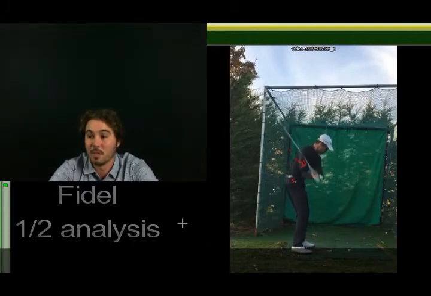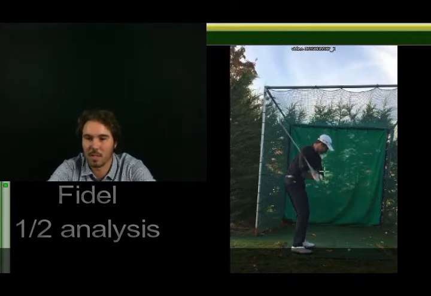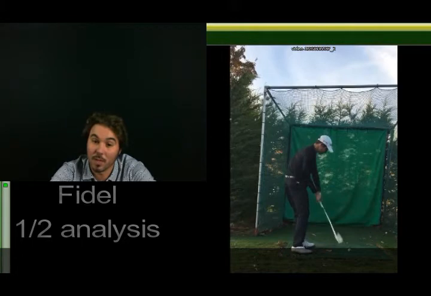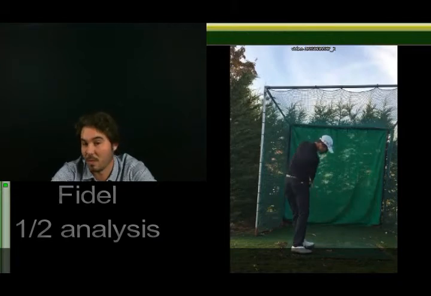This is where it will get problematic, Fidel, and this is why I will need to have a face on, because I need to see what's happening here in the left shoulder. I need also to see the grip more in the impact area. Fidel has a very toned down lower body action in the end of the downswing. You can see from here to impact, nothing really happens.